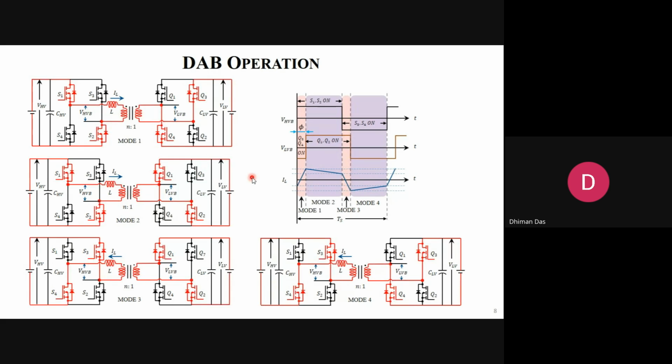So we need to take care that DVDT, the rate of change of flux, should be controlled, and DIDT and DVDT both should be controlled in a controlled manner. There is no abrupt DVDT or DIDT.